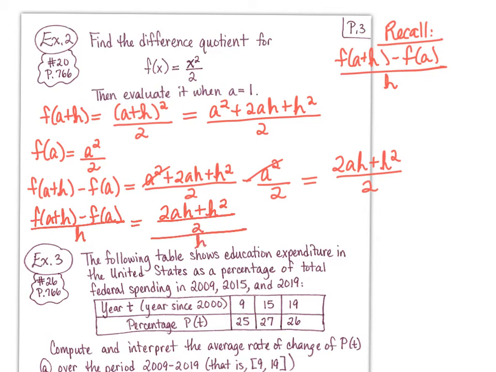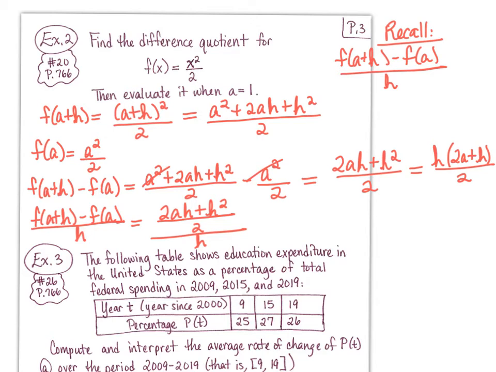Now that looks a little bit weird, okay? So what we're going to do is we're going to rewrite it. Before we rewrite it, let me rewrite the numerator. The numerator of f of a plus h minus f of a, they have an h in common. So that's h times the quantity 2a plus h, all over 2.